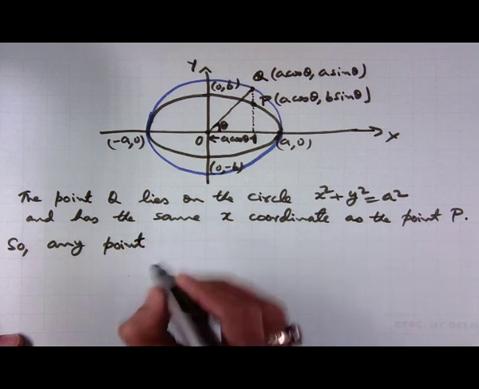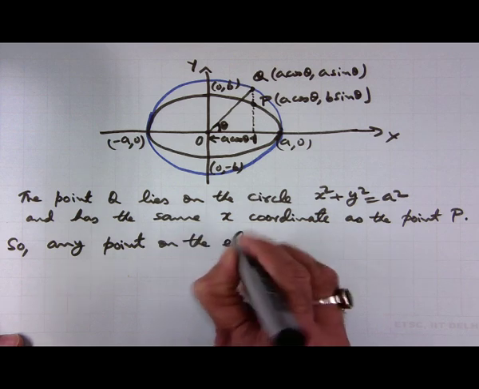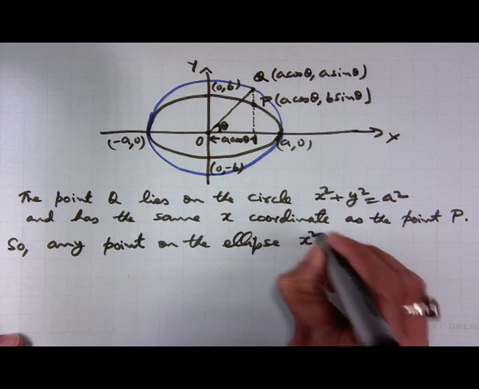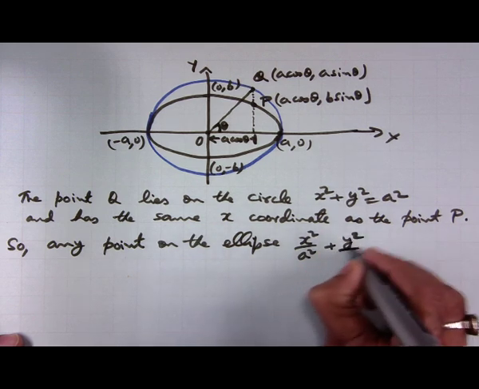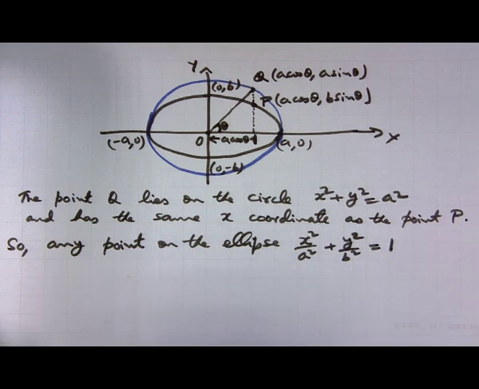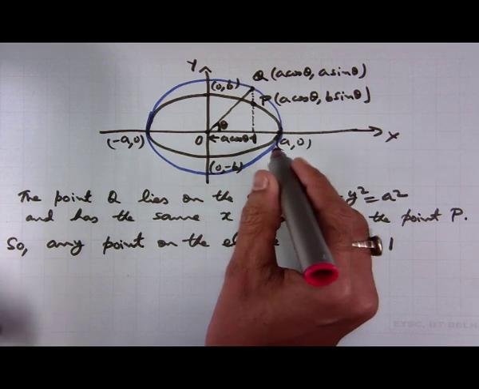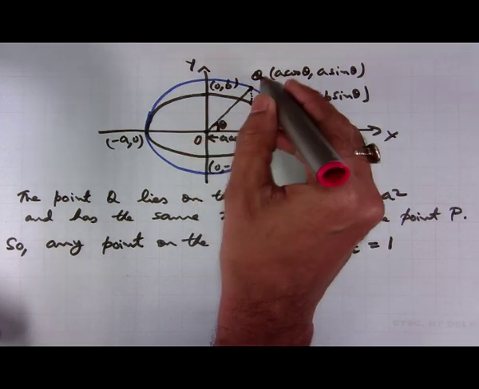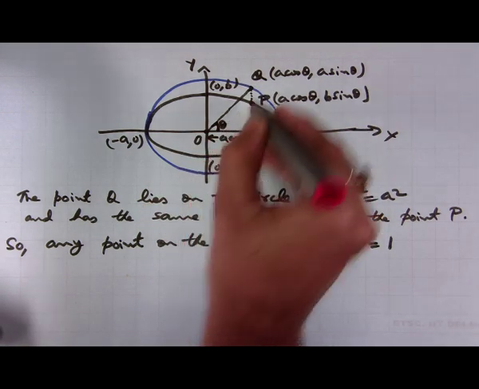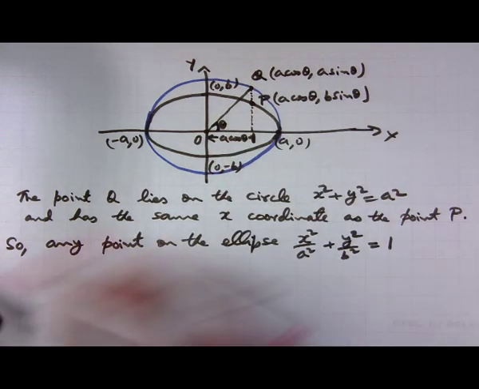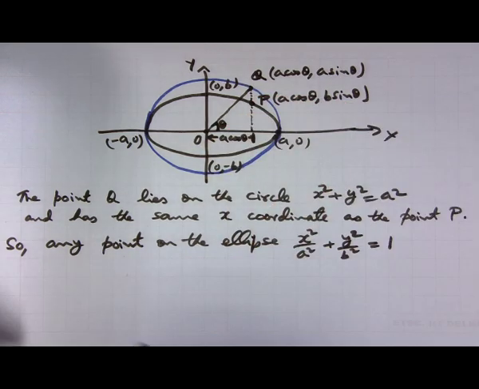Any point on the ellipse x square by a square plus y square by b square equal to 1 can be obtained by taking the point on the circle x square plus y square equal to a square, which has the angle theta with the positive x axis, and then we drop the perpendicular to the x axis, and then this intersects at the point P on the ellipse, whose coordinates are a cos theta, b sin theta.